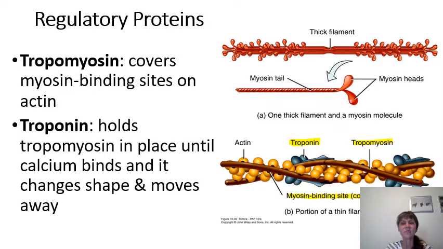So when calcium binds to troponin, it changes the shape of troponin. Troponin is bound to tropomyosin. So when troponin changes shape, it changes the shape of tropomyosin and slides it away to remove the tropomyosin from the binding sites, allowing them to interact with myosin.